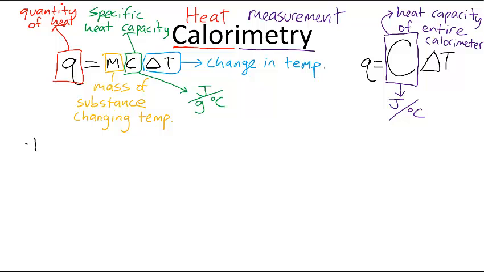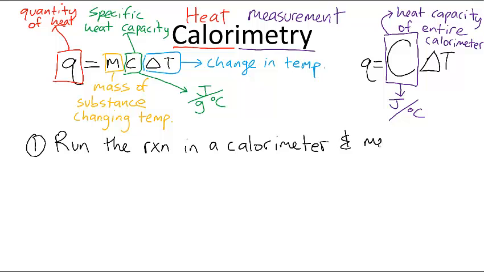Our process was: run the reaction in a calorimeter and measure delta T. Delta T is something we can measure. Then we could use the appropriate equation to calculate the quantity of heat that was released or absorbed.